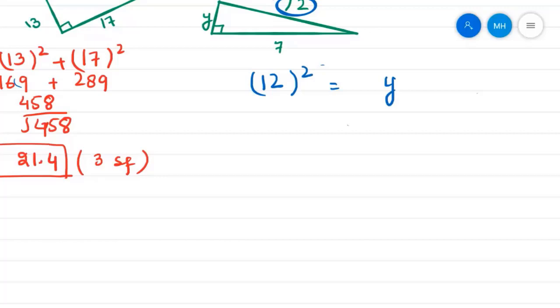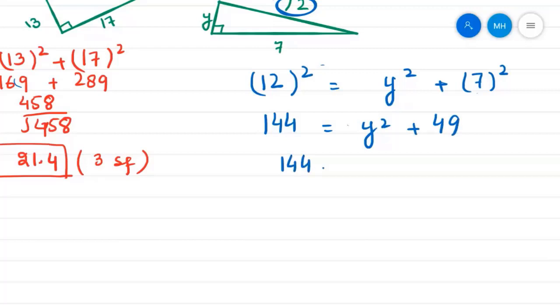Now you have to write the sum of squares of the other two sides, so it's y square plus 7 square. Okay, now you have to open up these squares, 144 equals y square plus 49. So you have to make y the subject, so 144 minus 49 will give you y square. It will give you 95, it's y square.